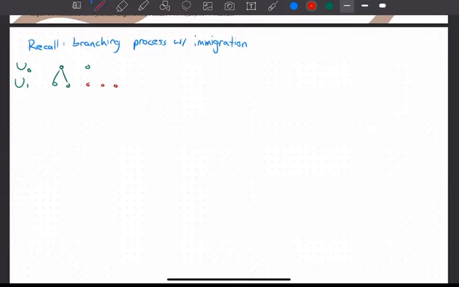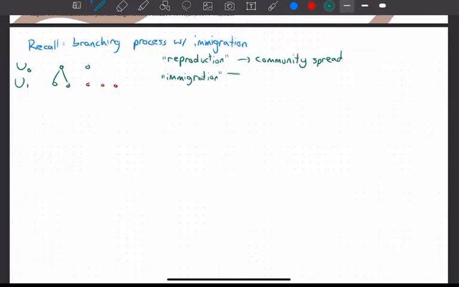Okay, so the idea is that in this setting, we could call reproduction community spread. That's the term that's being used in the media about the coronavirus transmission. And then what we called immigration are arrivals from elsewhere, right?